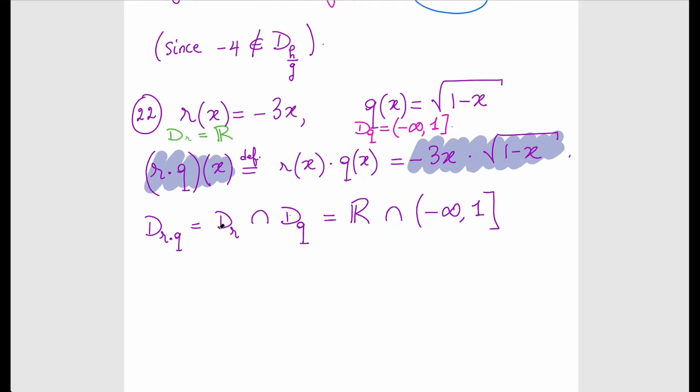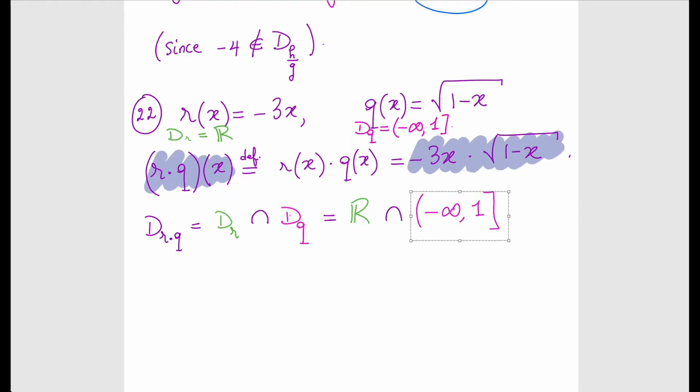So one more time, I found what each piece is. D sub r, which was written in green here, is boldface R, so all real numbers, correct? And D sub q, which was written here in pink, is minus infinity all the way to 1, including that one.